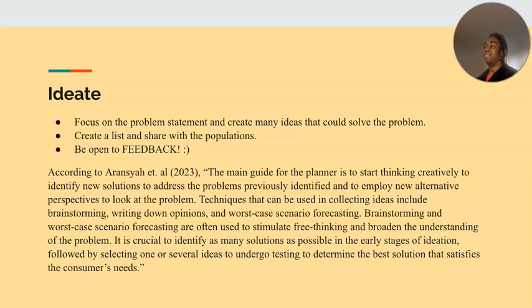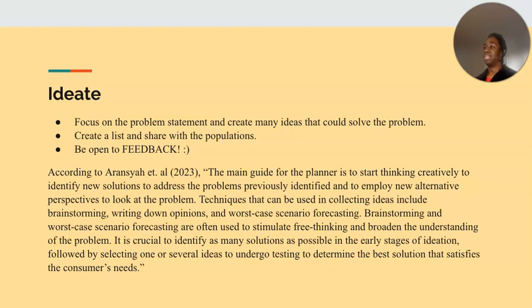The main guide for the planner is to think creatively to identify new solutions to address the problems previously identified and to employ new alternative perspectives to look at the problem. Techniques that can be used in collecting ideas could include brainstorming, writing down opinions, and worst-case scenario forecasting.